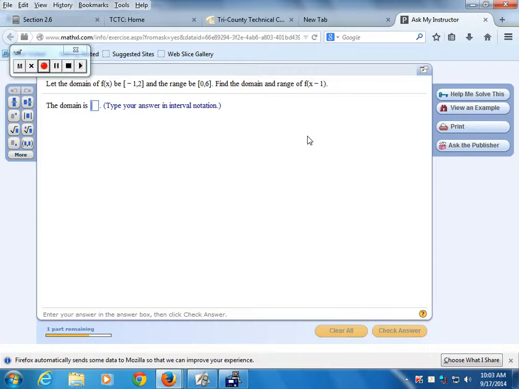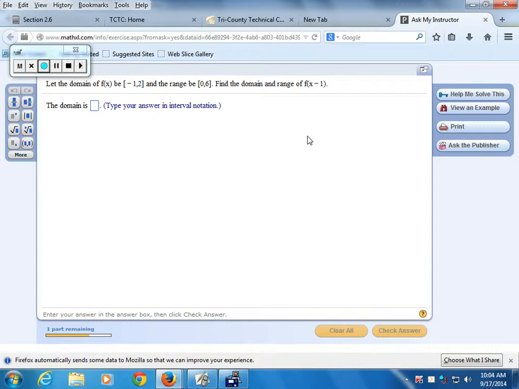Okay, now this is basically a question of thinking. You could draw it out, but you really can't. What is f of x minus 1? Well, x minus 1 means that you have a horizontal shift of 1 to the right. So all your domain is going to shift 1 to the right.